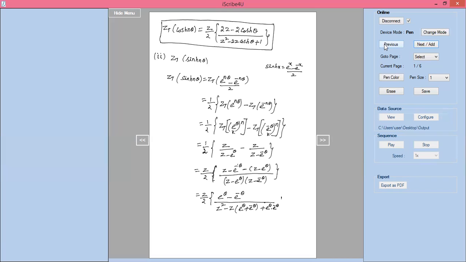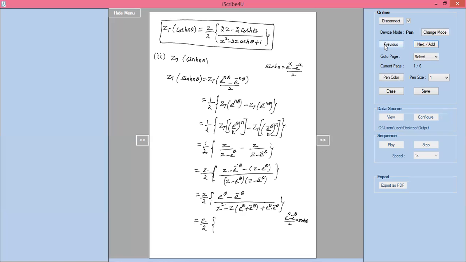Now I'll write this one only, z by 2 into e power theta minus e power minus theta. What is that? We know, already I told, e power theta minus e power minus theta divided by 2 equals sin h theta.